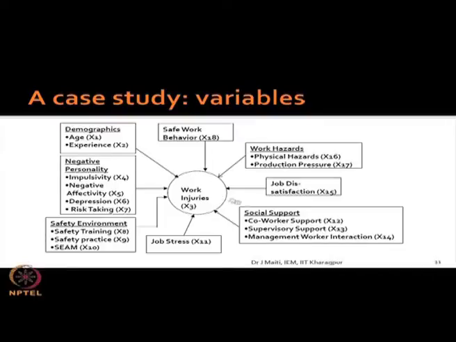Actually, for every variable we ask several questions, and those questions are summed into a particular quantity, and that summed up value we have taken as the value for each variable for each of the observations or individuals who participated in the study. So, in that sense it is a manifest, or observed, variable.